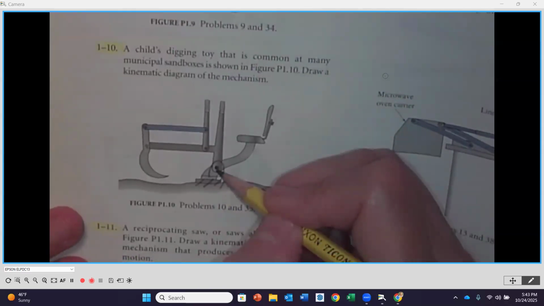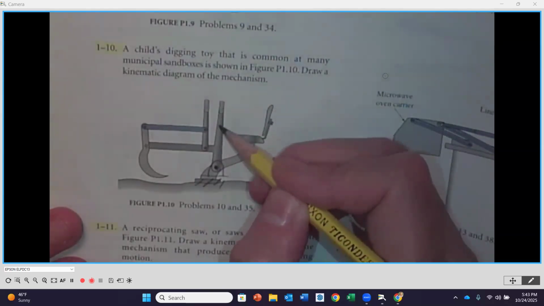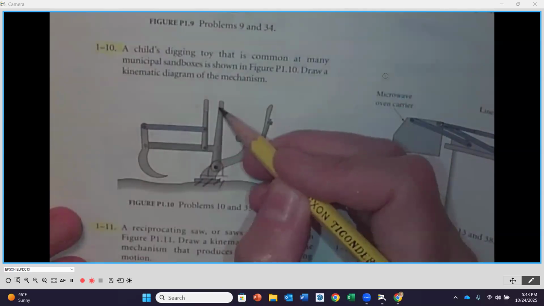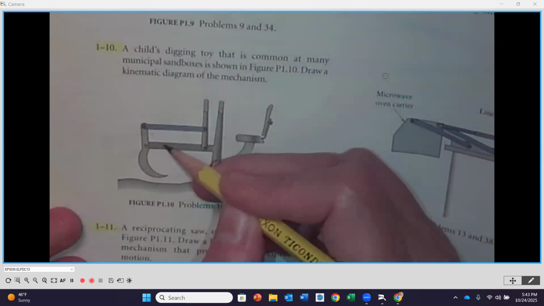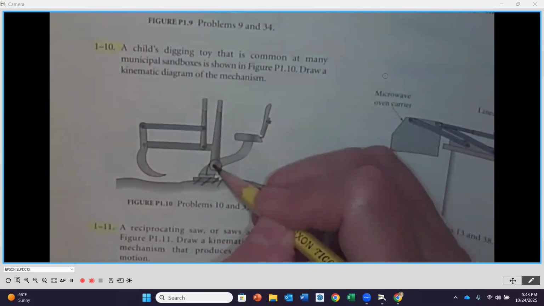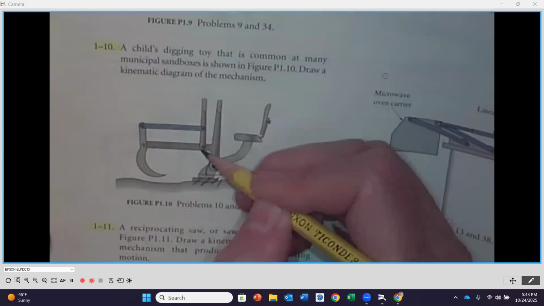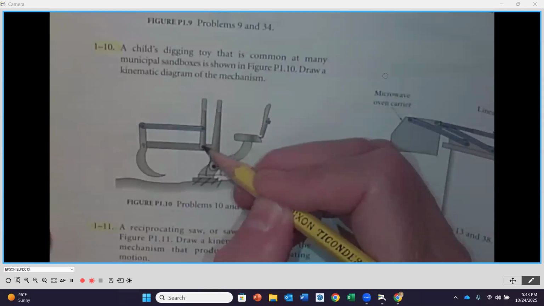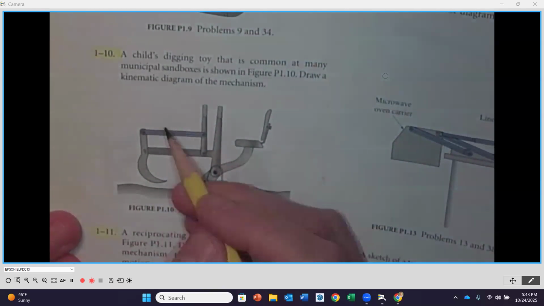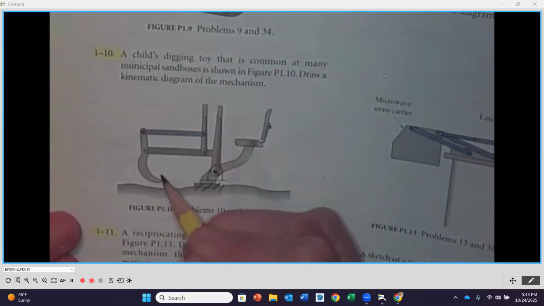Then attached directly to the frame is going to be this like T section that we see here. Okay. So that's going to be a continuous member or a link that's going to be attached directly to the frame. Then attached to that is going to be our second handle. Okay. Then another connector. And then lastly, like that shovel portion.